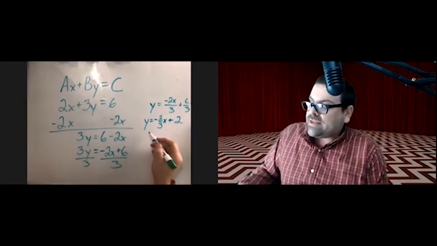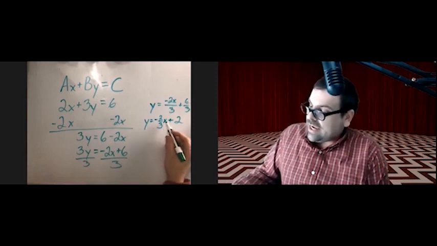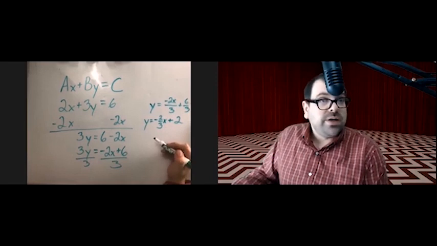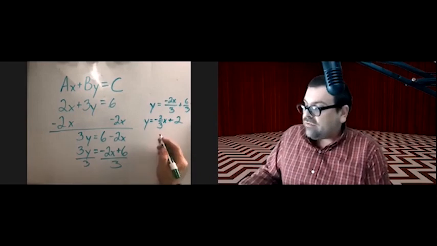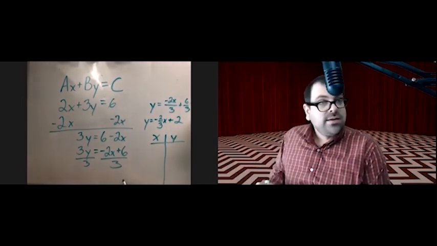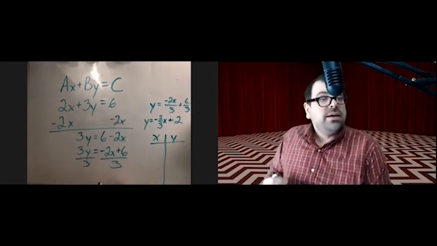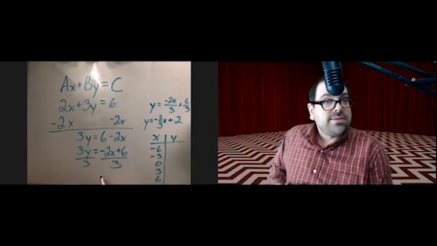But when it's like this, we see that to find our y, we're going to need to take our x and divide it by 3. So we want our x to be a multiple of 3 so that we can easily find these y's. Solving it for y first helps us know that when we start picking our x's and then solve and find our y's, we would like them to be multiples of 3. So things like negative 6, negative 3, 0, 3, and 6.